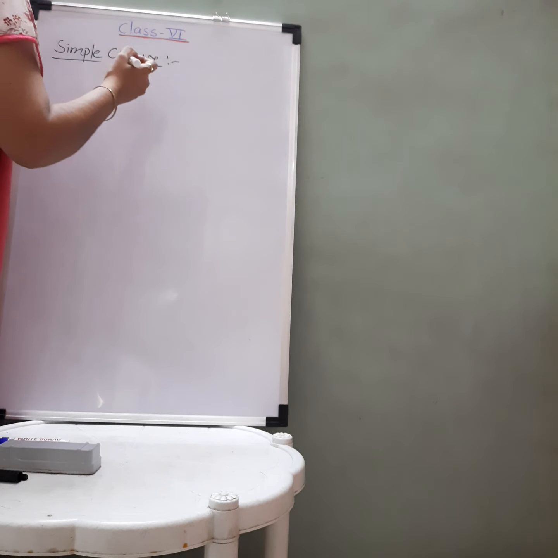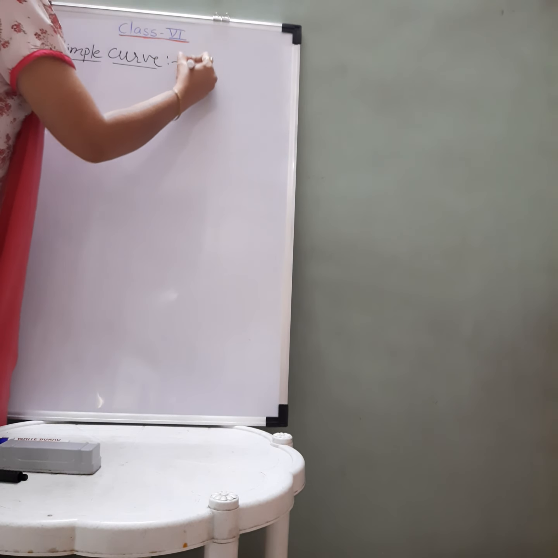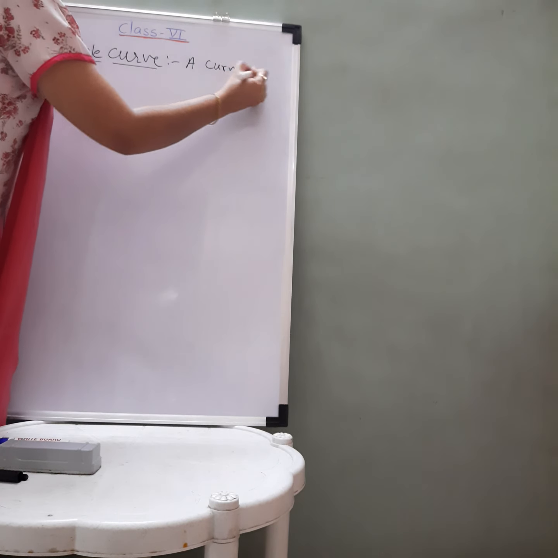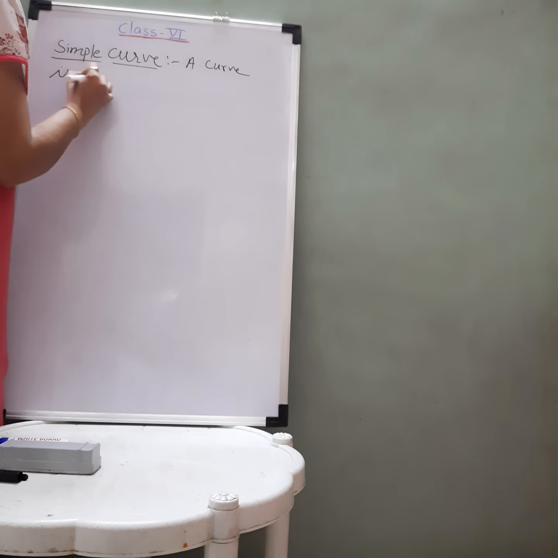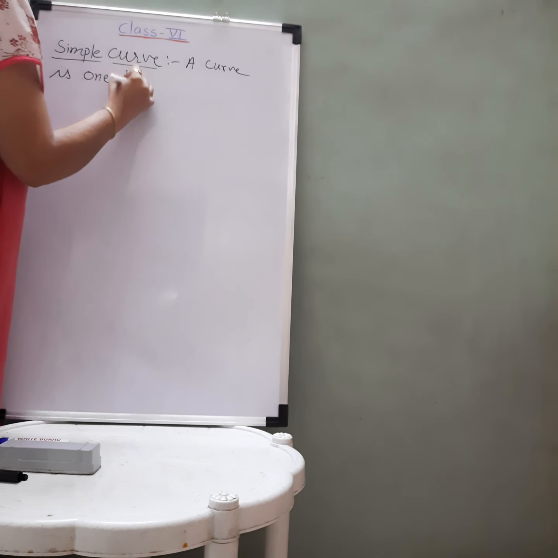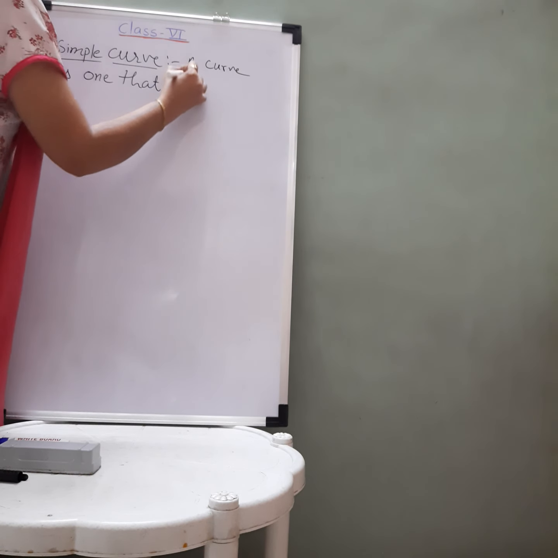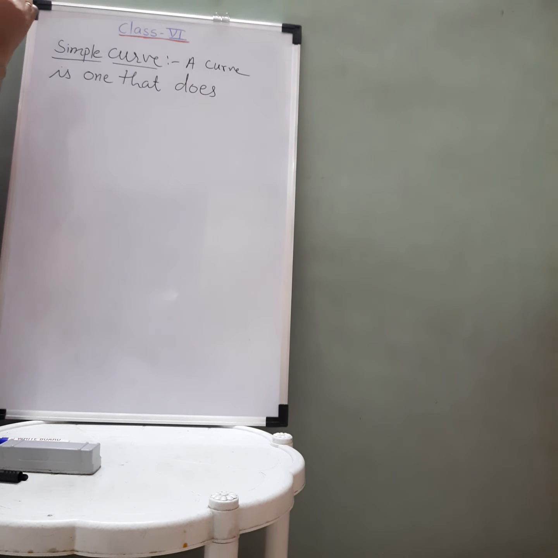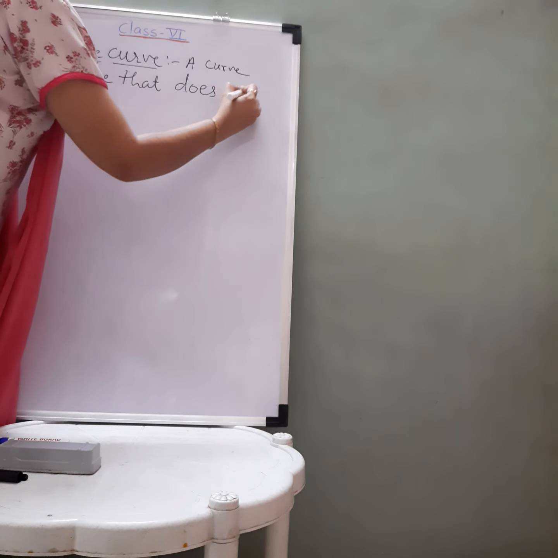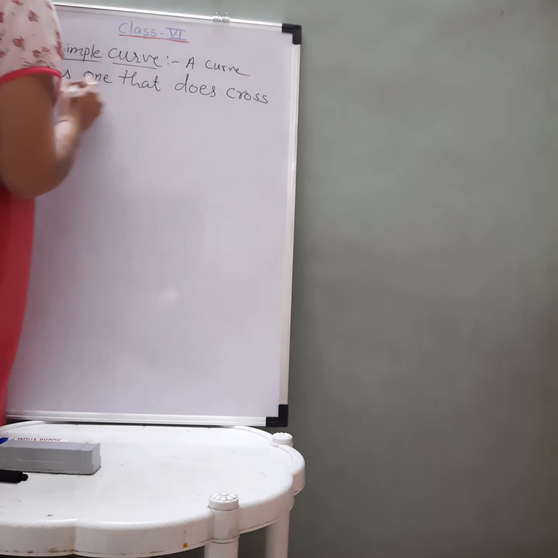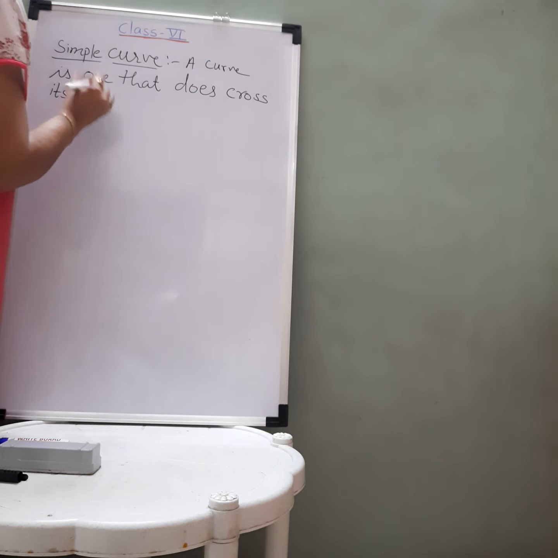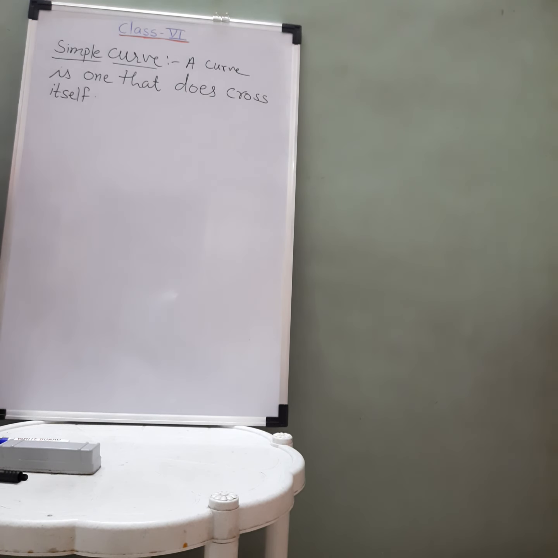A curve that does not cross itself is called a simple curve.